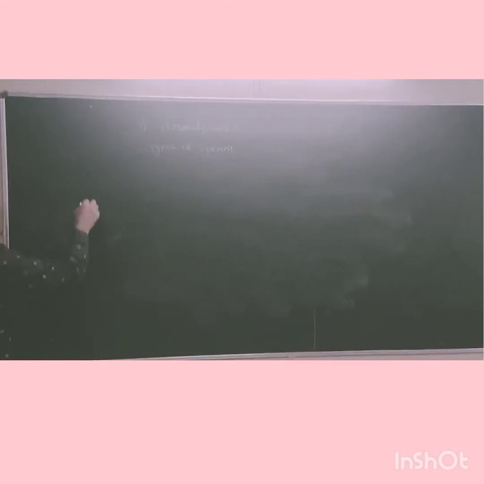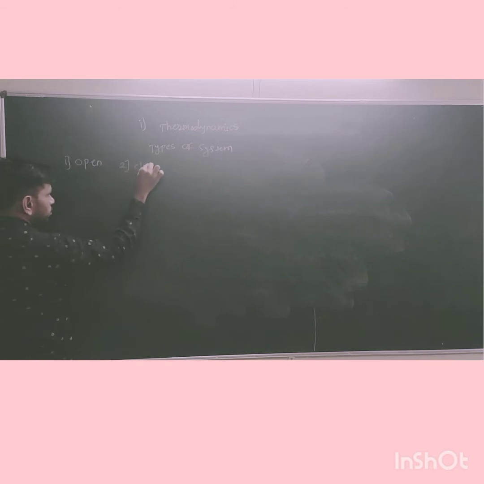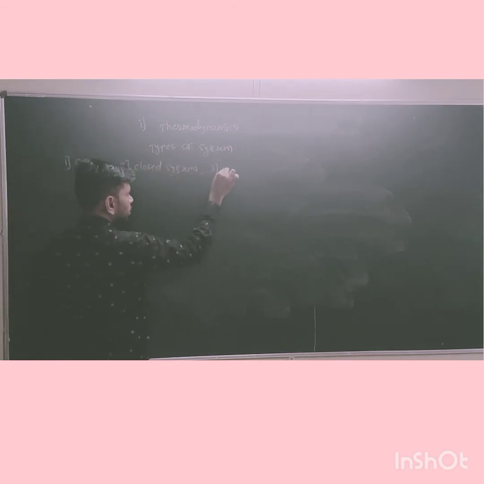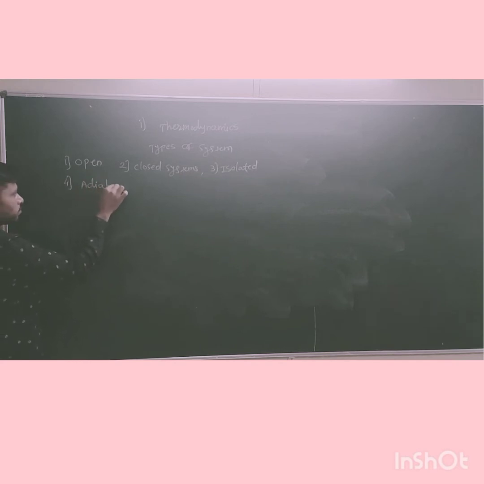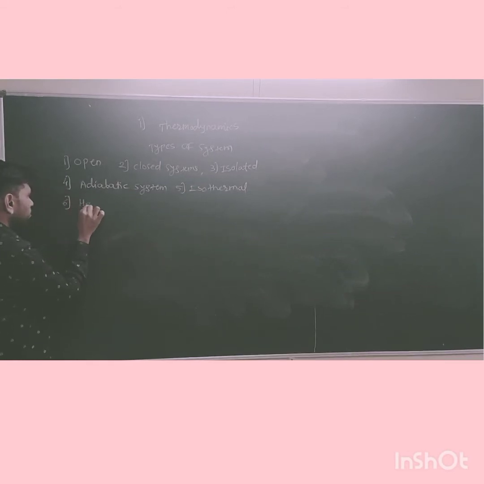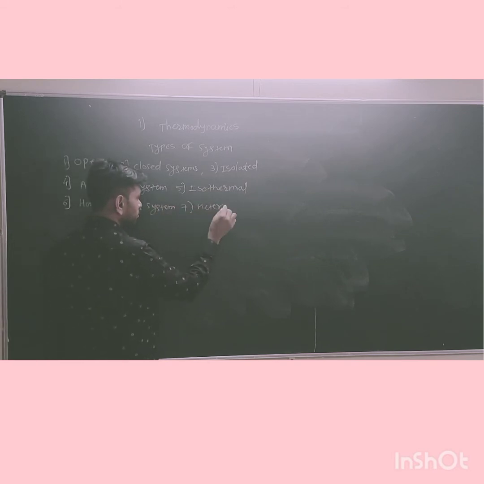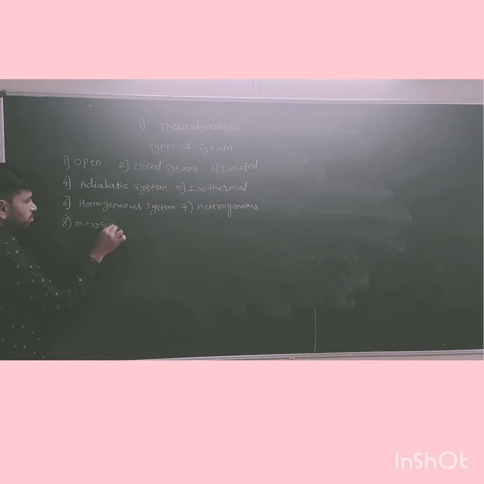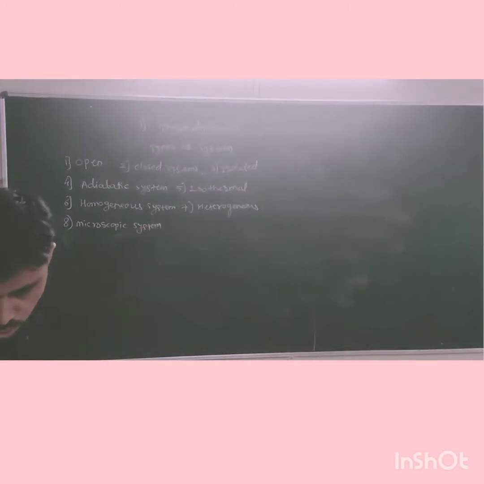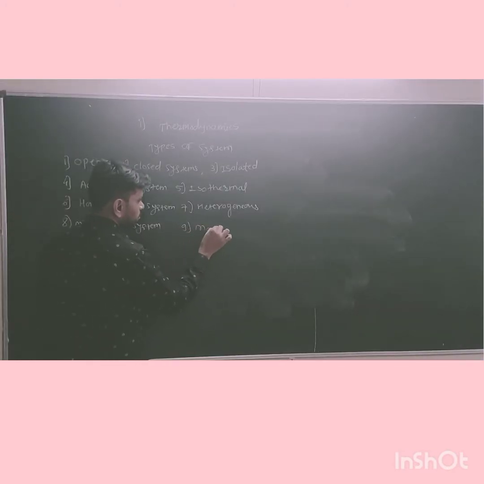In thermodynamics, there are different types of systems such as open system, closed system, isolated system, adiabatic system, isothermal system, homogeneous system, heterogeneous system, microscopic system, and macroscopic system. These are different types of systems which are considered under thermodynamics.